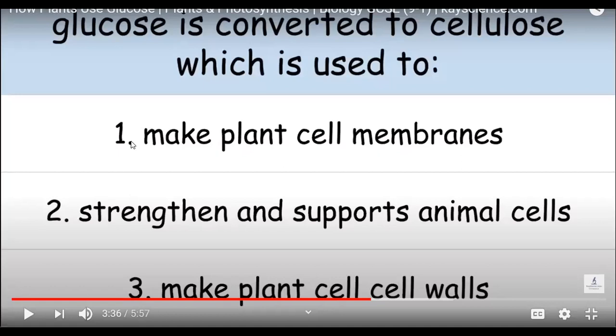So Nader, okay, that is good. Remember, what is the use of the cellulose once it is converted from glucose? What does it do? Anybody else?